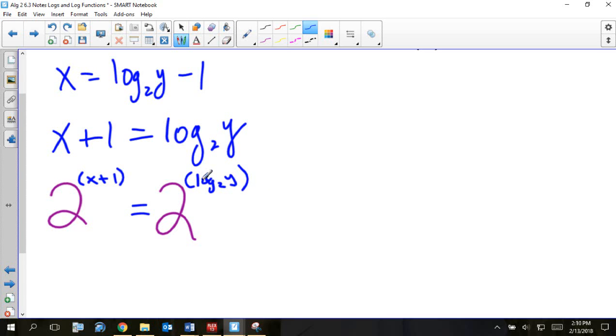And that will allow me to cancel out the 2 with the log base 2. So now I have 2 to the x plus 1 is equal to 1. So I'm raising both sides to an exponent.